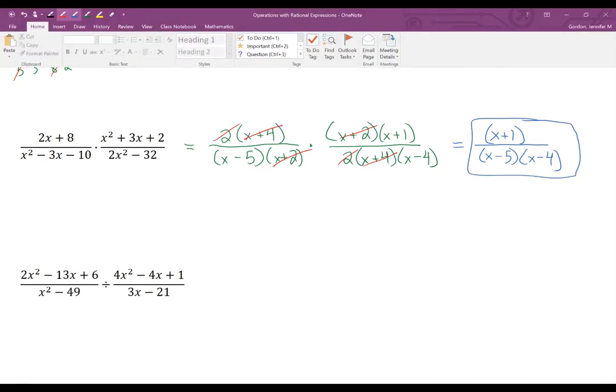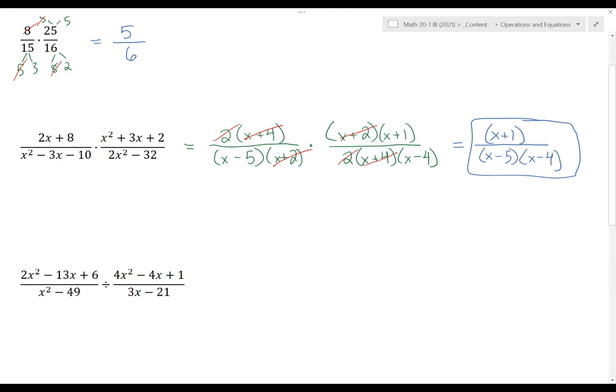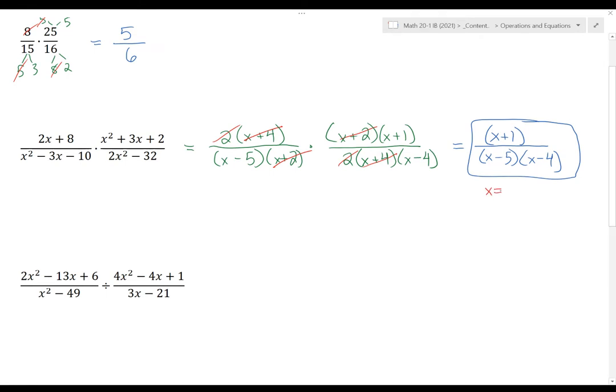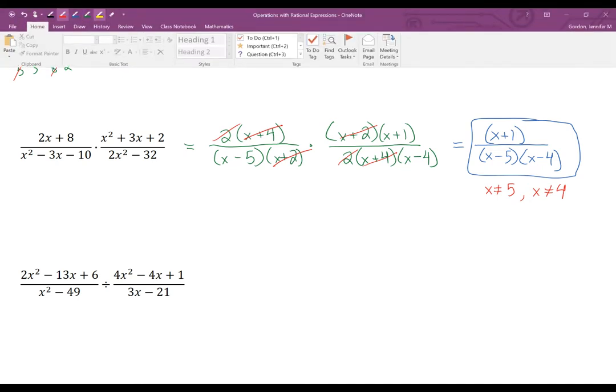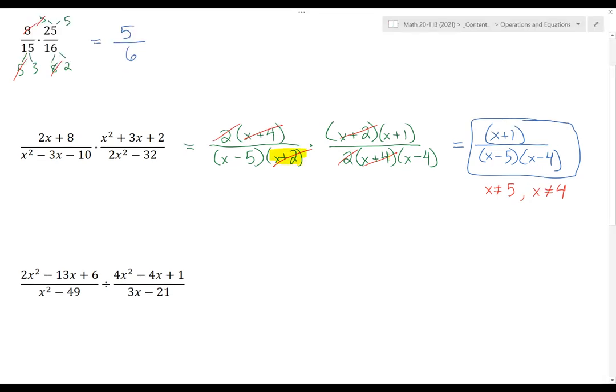You don't have to bother redistributing everything out, but we do have to consider the non-permissible values, the restrictions on x. The obvious ones are that x can't equal 5 and x can't equal 4, because those are the factors that I can see in the denominator of my final simplified fraction. But I also do have to take note that the factors I canceled out, again, remembering that canceling is really just dividing.